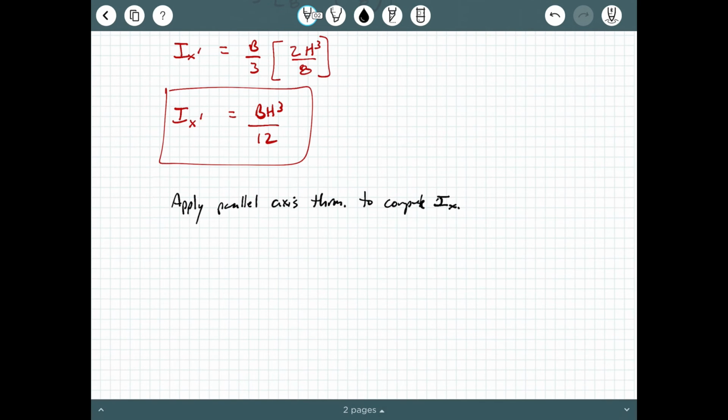And so what does that tell us? Remember, what does the parallel axis theorem say? It says as long as you know the moment of inertia about an axis through a centroid, then you can calculate the moment of inertia about any axis parallel to the axis you already know I about. So I'm going to say I sub x equals I sub x prime plus A times d sub y squared.